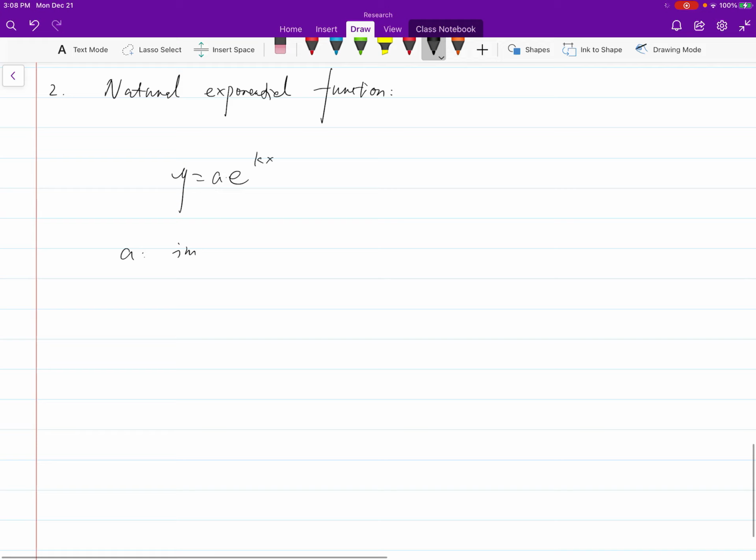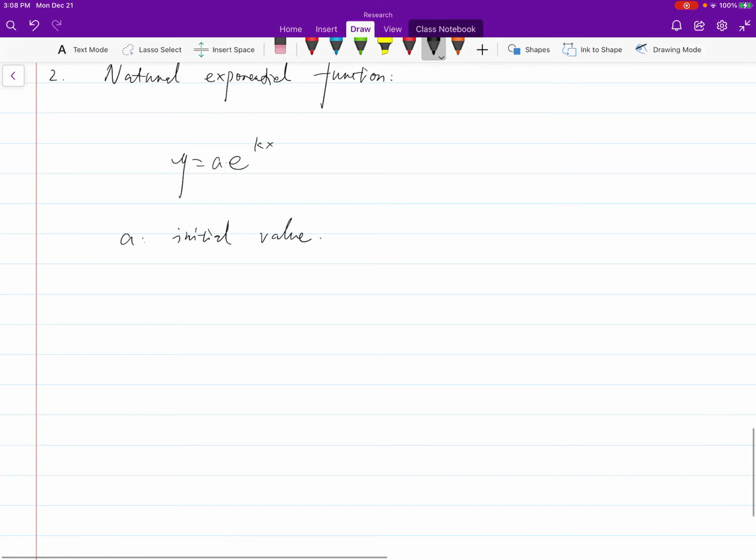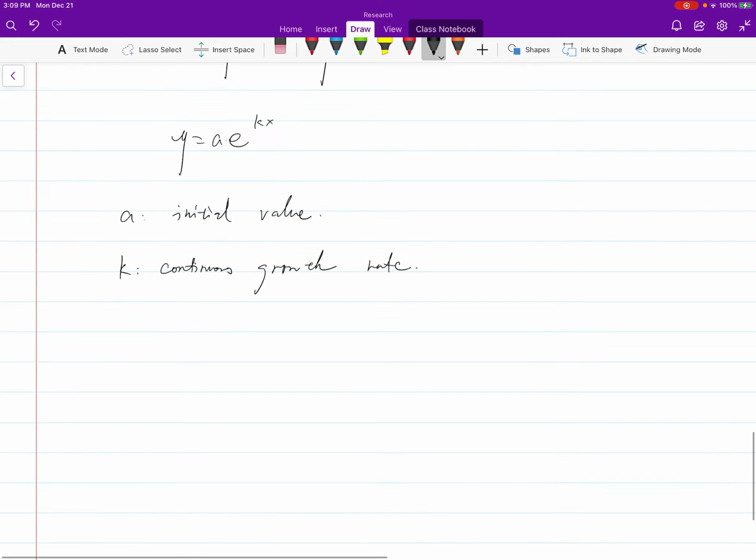Here a is the initial value. k is called the continuous growth rate. It can be positive or negative. If k is bigger than 0, we have a growth. If k is less than 0, we have a decay.